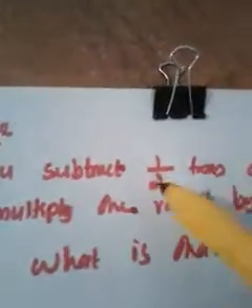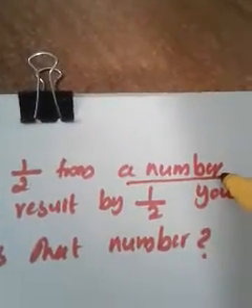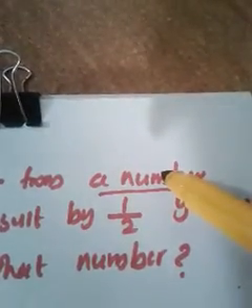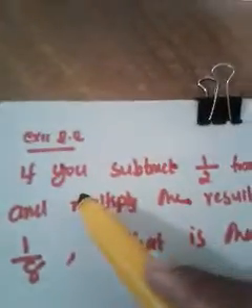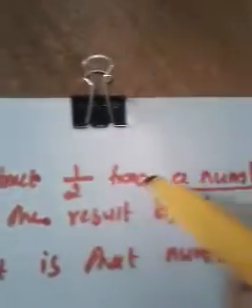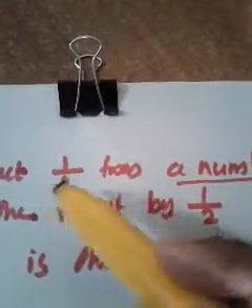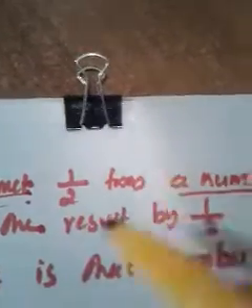If you subtract 1 by 2 from a number, that number I don't know. So which is unknown here? That number is unknown here. So this number we can mention as x. Okay. So what I am going to do is subtract 1 by 2 from a number. Which operation am I going to do? Subtraction. I am going to subtract 1 by 2 from which number?